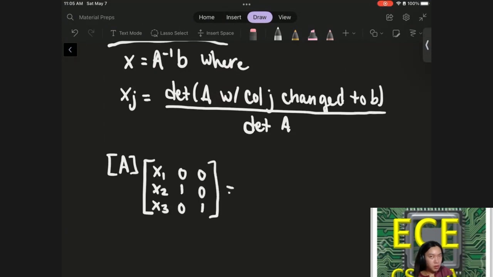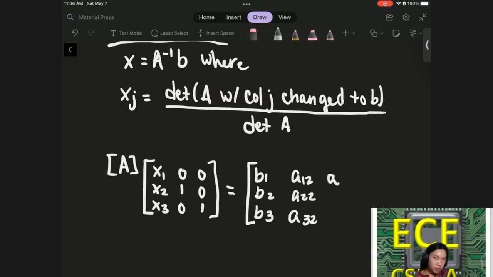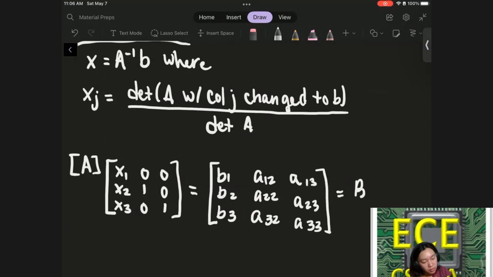That's going to equal B1, B2, B3, and then the second column is A1,2, A2,2, A3,2, and the third column is A1,3, A2,3, A3,3. And we'll call this new matrix B1.